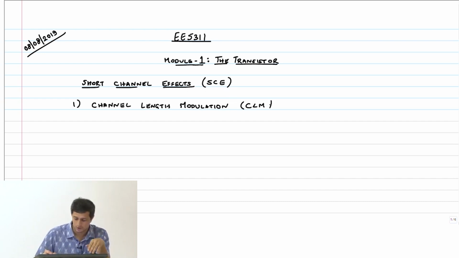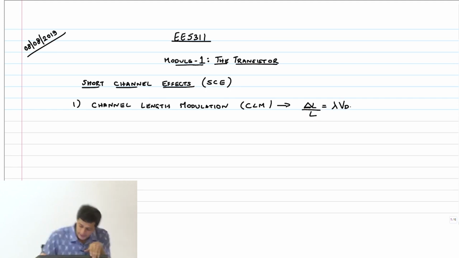And what was this? If I have to summarize this effect, the delta L by L is going to be modeled as lambda times VDS.